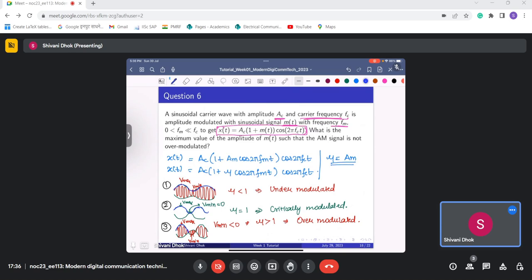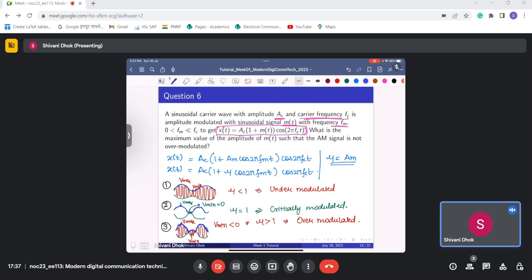But if my modulation index is greater than 1, this envelope gets distorted, which leads to an overmodulated signal, and we can't recover the exact message signal that we had actually transmitted.